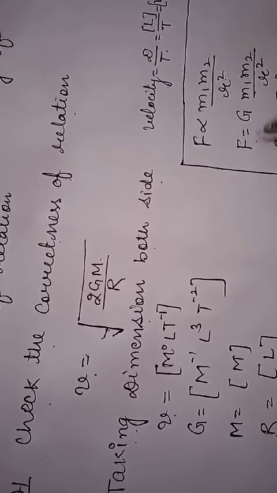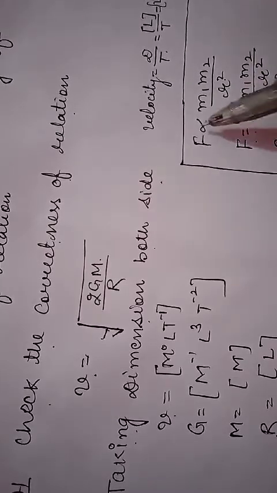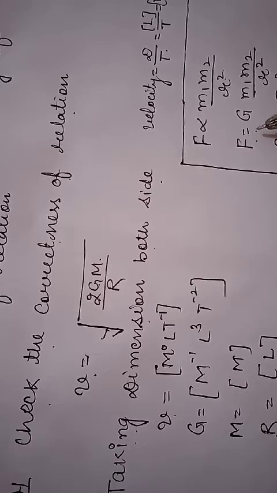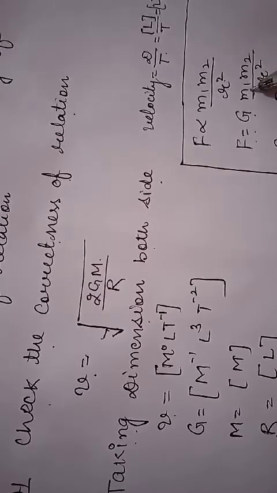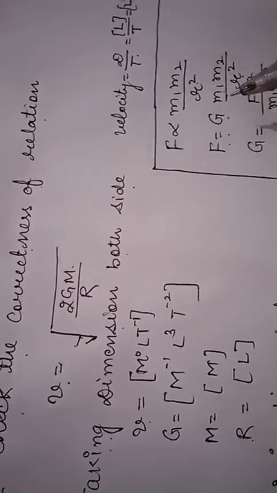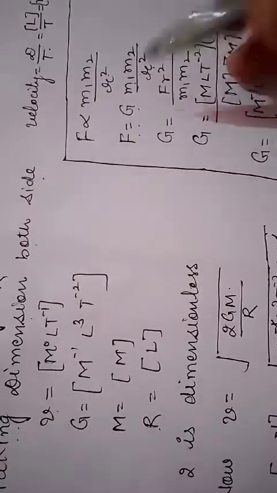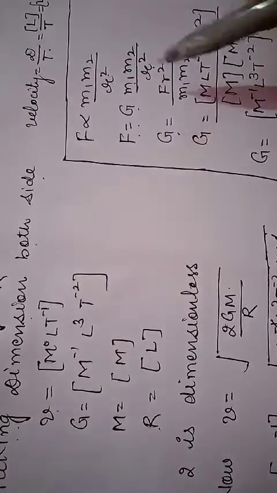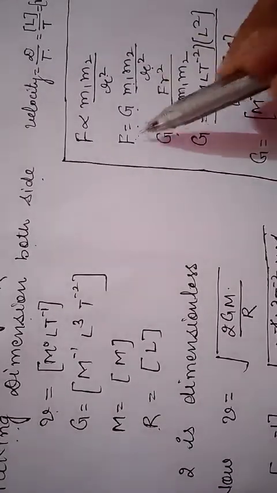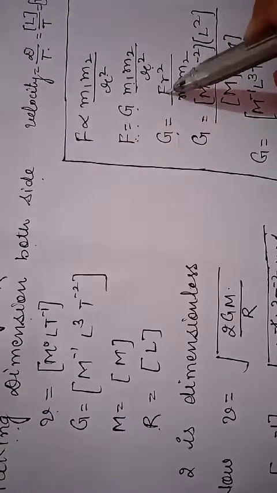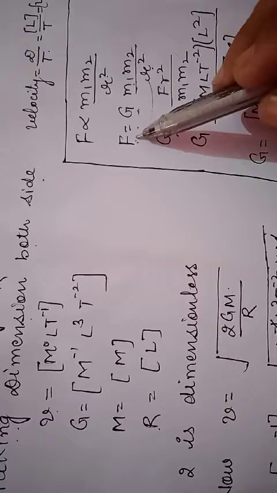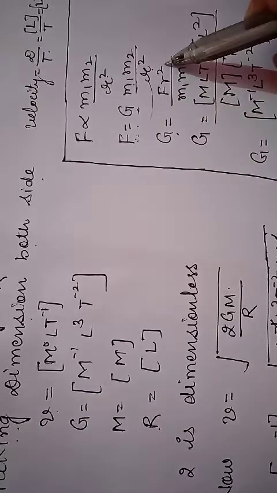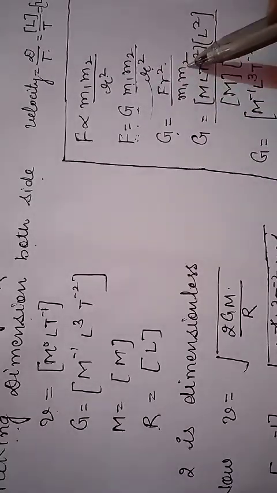Changing the proportionality to equality, F is equal to G m1 m2 upon r square. From here we can calculate G: taking r square to the other side and multiplying with F, G is equal to F r square upon m1 m2.